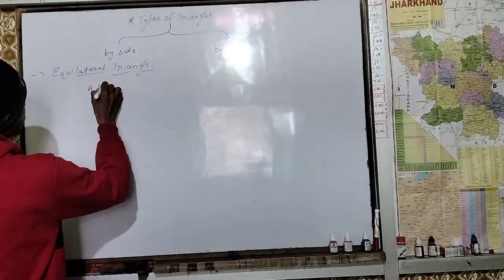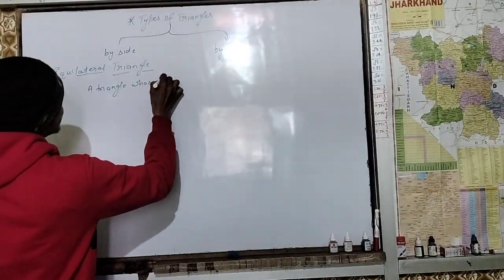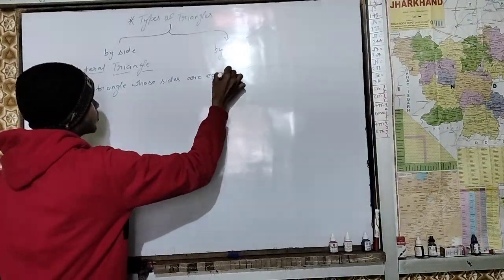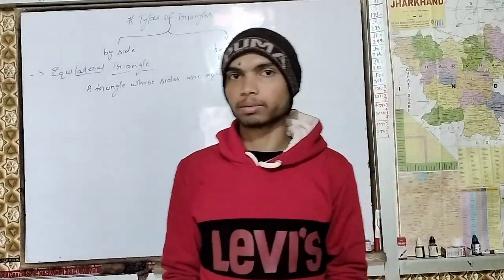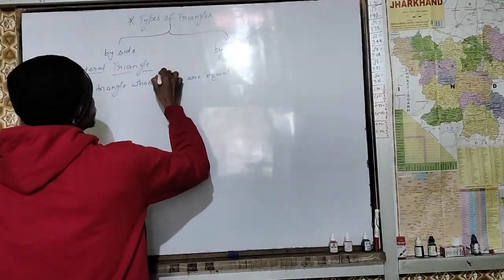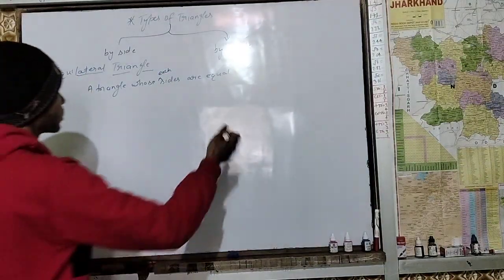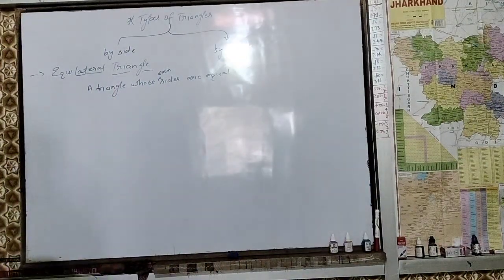A triangle whose three sides are all equal will be our equilateral triangle. Again, I am repeating, it is based on side, not angle.